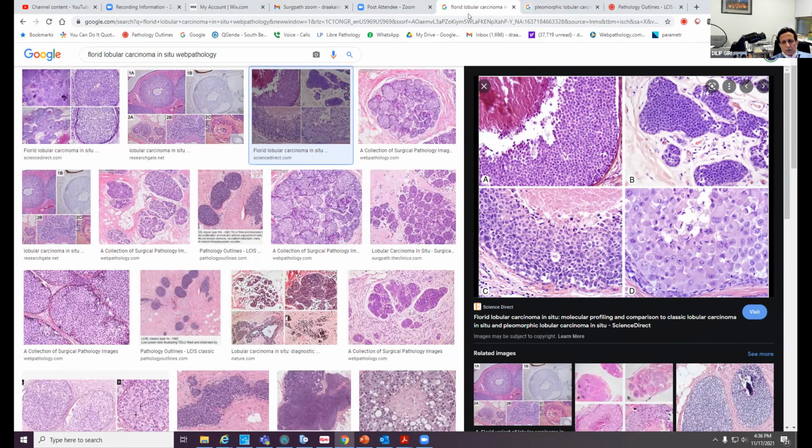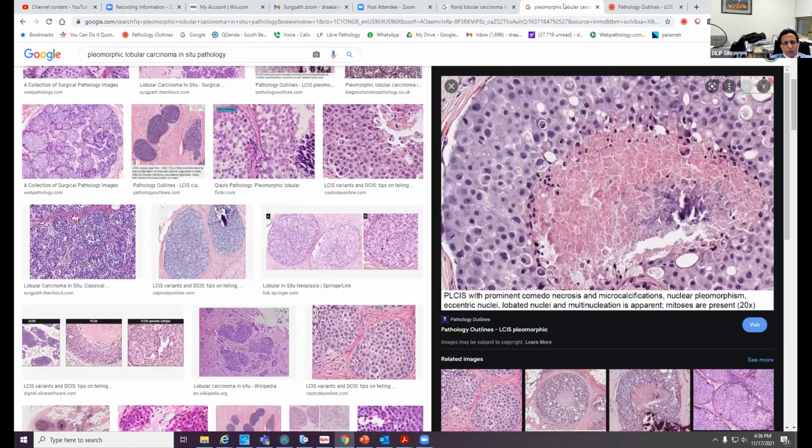If you haven't seen some of these cases of pleomorphic LCIS, it's not surprising that you would think this is DCIS, right? This happens all the time. And certainly in the old days, all of these were being called DCIS and treated as DCIS.